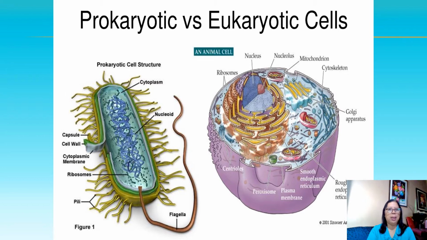But it does not mean that in the prokaryotic cell that you're going to encounter in your study of microbiology you will have all these parts. Some parts are present, some parts will be absent.